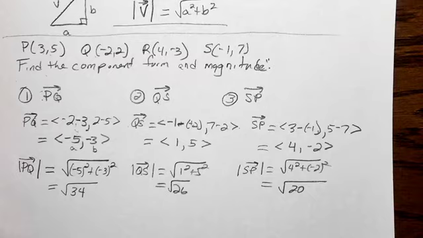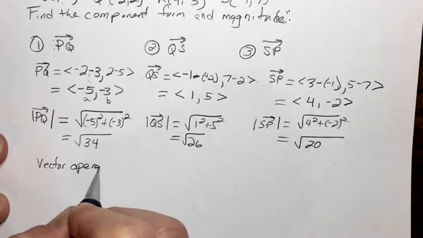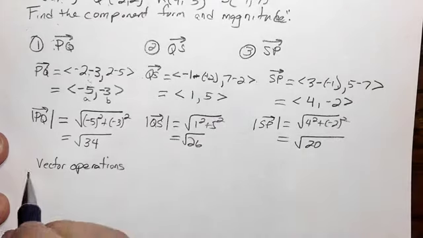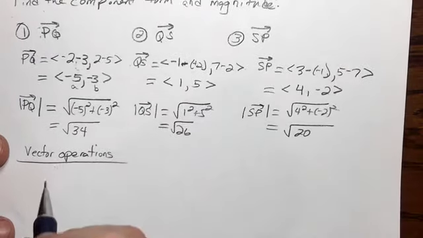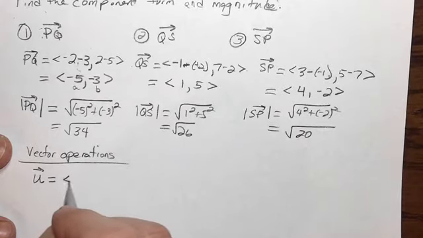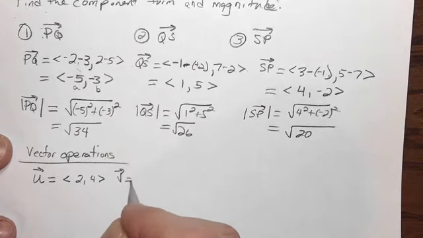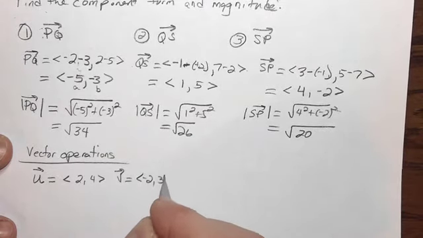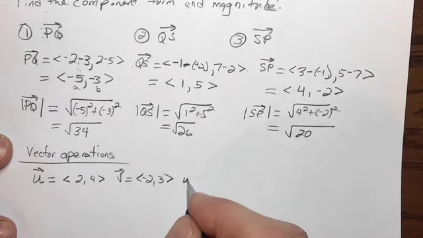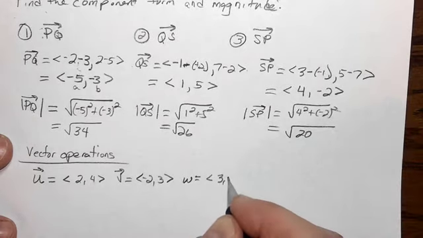Now, we can do vector operations as well: adding and subtracting vectors and multiplying by a number. Let's say that I gave you U was the vector, in component form, 2, 4. V is the vector -2, 3. And W is the vector 3, -5.